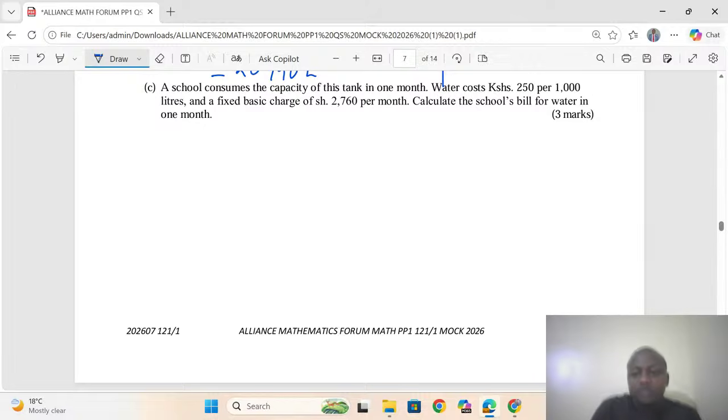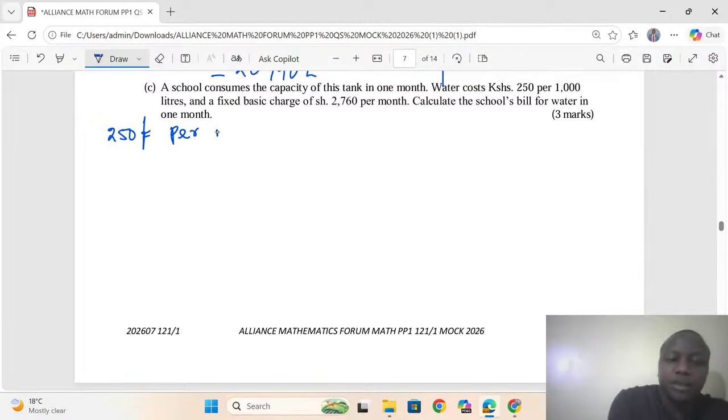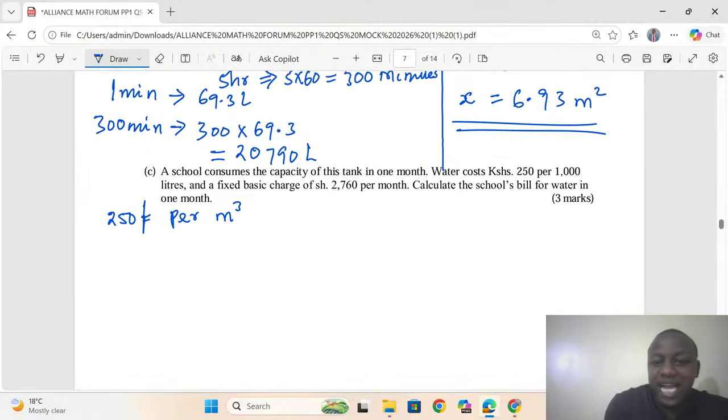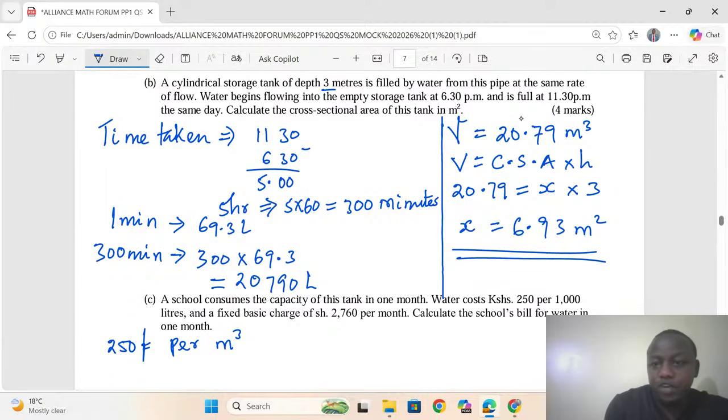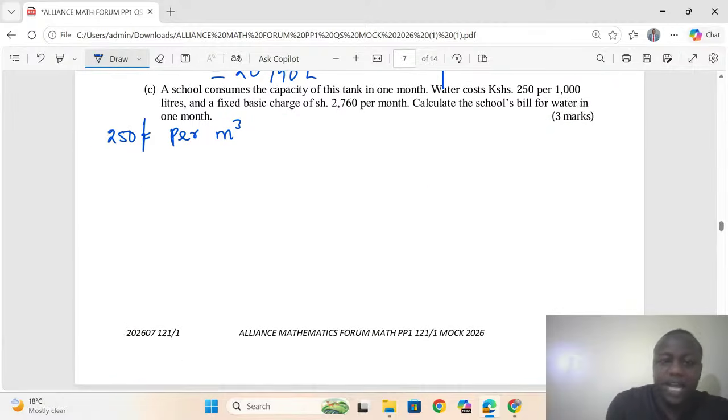So we're being told that for every 1,000 liters, in other words, it's 250 Kenya shillings per cubic meter volume, because 1,000 liters equals a cubic meter. What about this tank? What will it cost? The volume is 20.79.